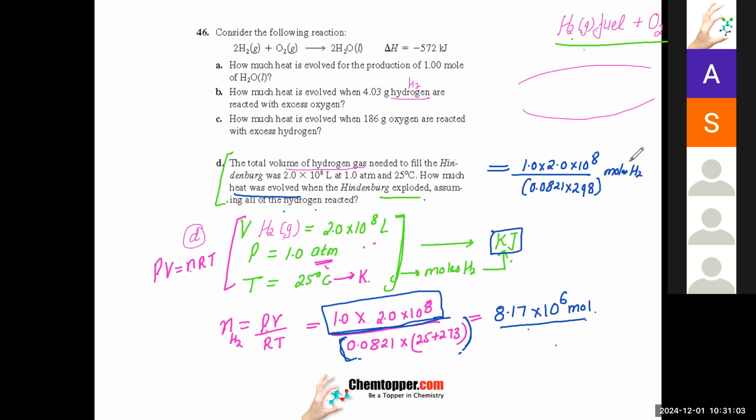Then you just plug in the ratio from the balanced equation. Minus 572 kilojoules over 2 moles of H2. And you will get your answer.